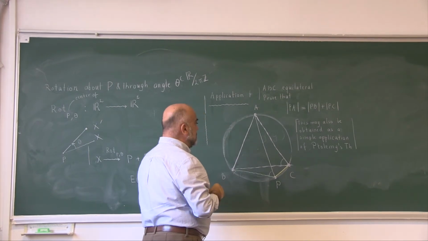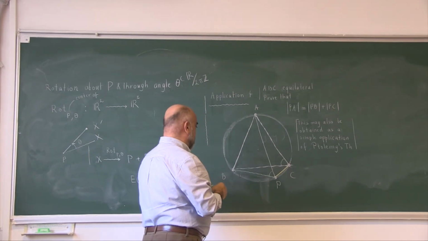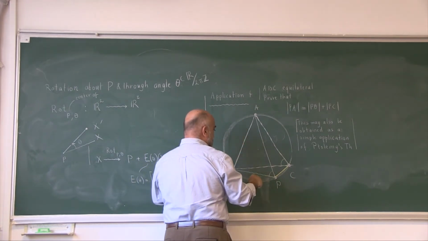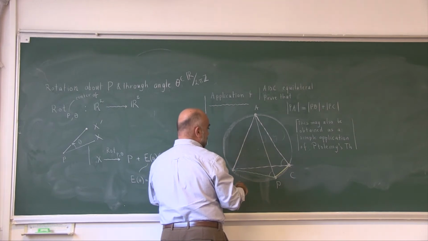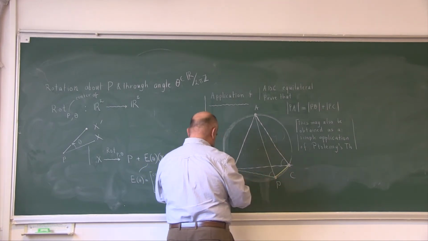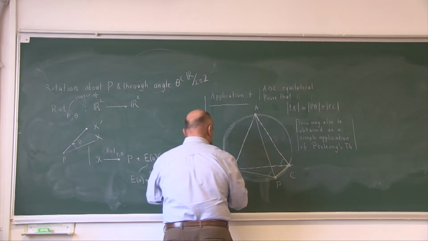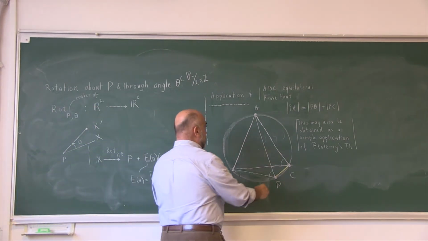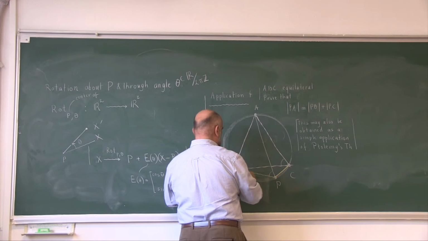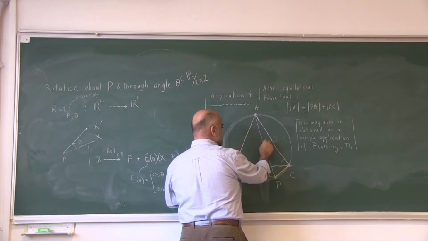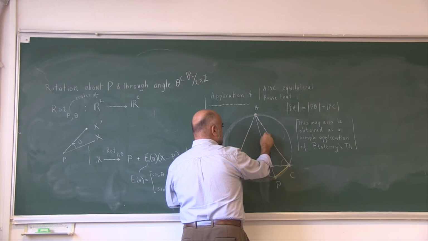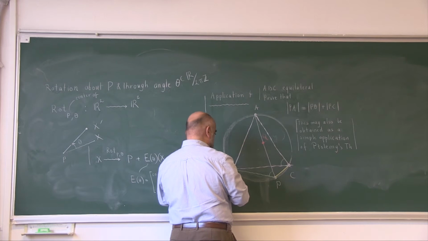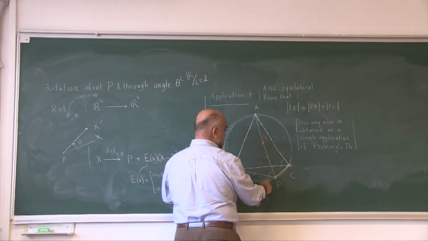So for instance, let me do it like this. If I take a point on the line segment PA which has got the same length as PB, let me call this point Q. Well then, these two have the same length, and this is 60 degrees.